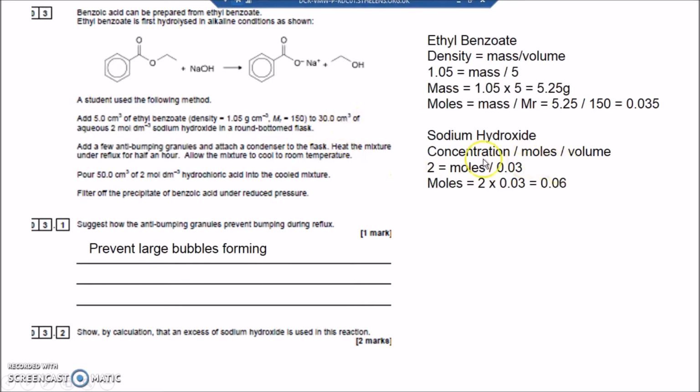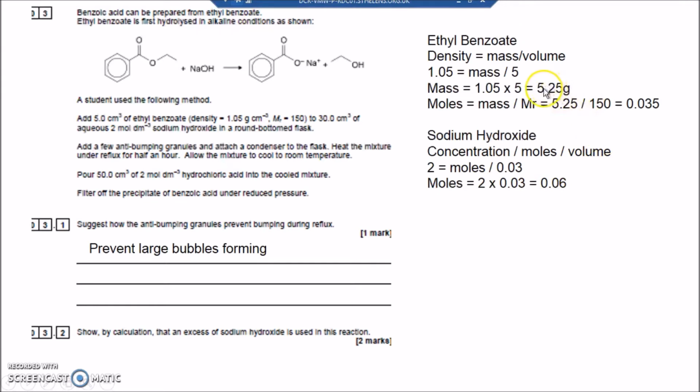It needs to be in decimeter cubed, because concentration is moles divided by volume in decimeter cubed. So I've taken centimeter cubed, a small unit, into a larger unit, decimeter cubed. I've divided by 1,000. So 30 divided by 1,000 is 0.03. So 2 equals moles divided by 0.03. Moles is 2 times 0.03, 0.06.